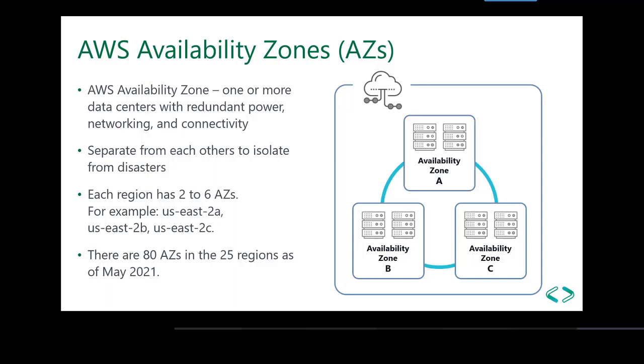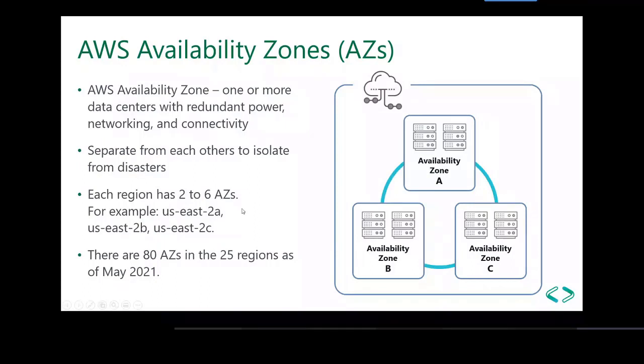They usually come in the format of us-east-2a. Of course, if you're in the West, then you replace the E with a W, and then b, c, and so on. Some regions may have fewer availability zones than others.